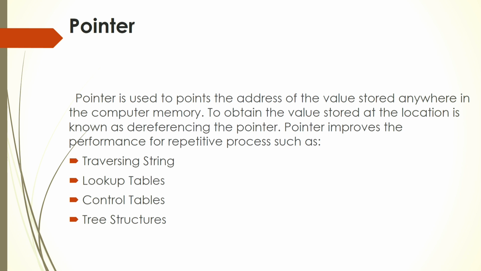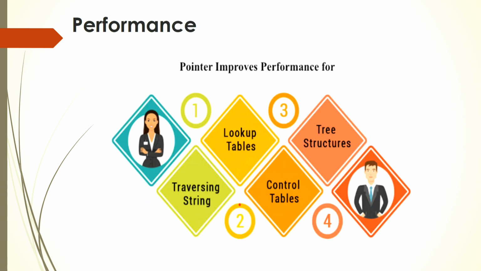So what is pointer? As we can see, a pointer is used to point to the address of a value stored anywhere in the computer memory. Obtaining the value stored at the location is known as dereferencing the pointer. Pointers improve the performance for repetitive processes such as traversing strings, lookup tables, control tables, and tree structures.